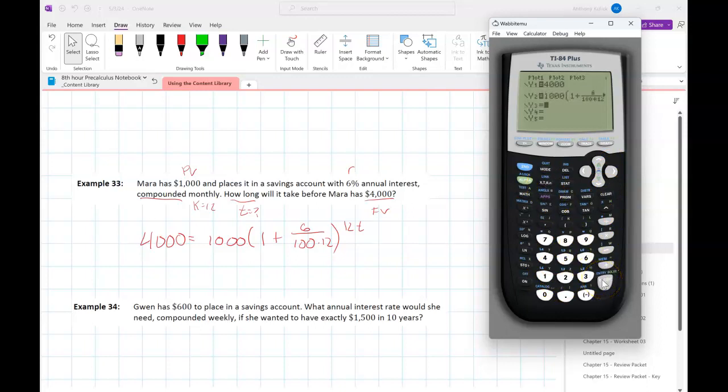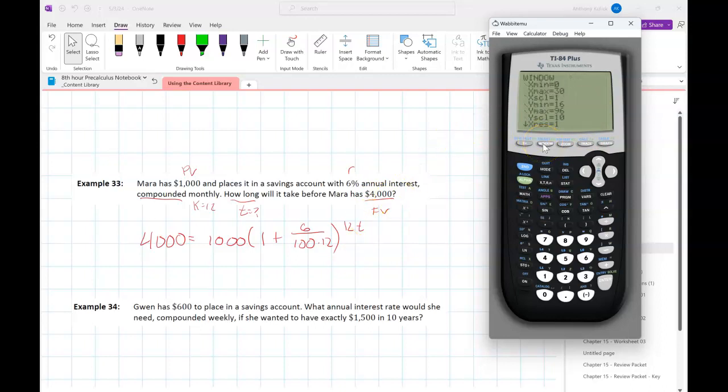Okay. So in here, y1 is 4,000. The y's are representing the money. And we put x where the t was, so the x is representing the time.